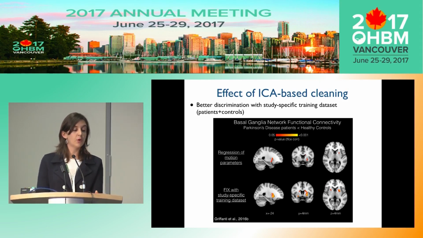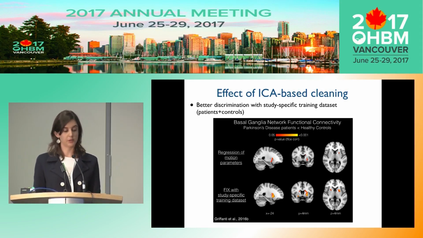And as you can see in the top row, after motion regression, the difference in the functional connectivity of the basal ganglia network is just about visible, but after a more study-specific cleaning, we get a nice difference in the basal ganglia network, as we would expect from this population.